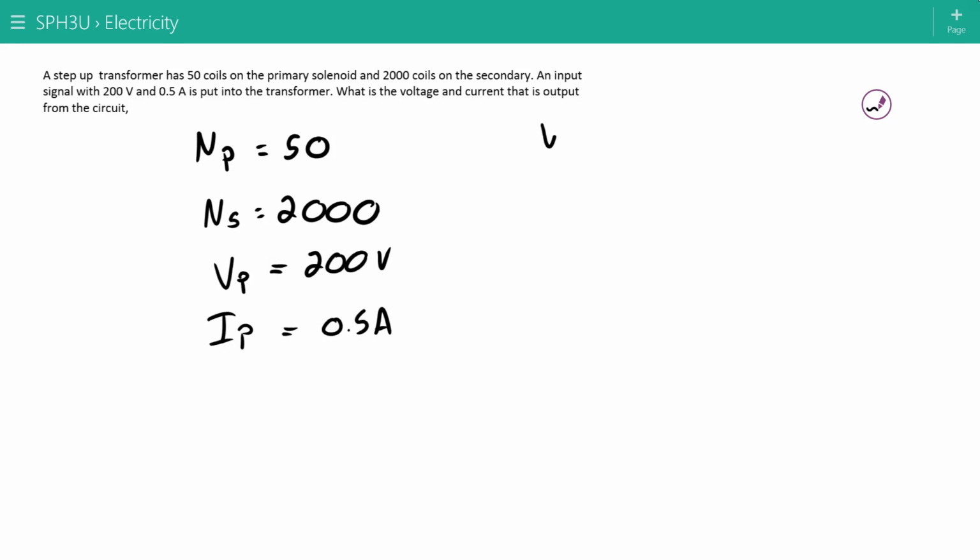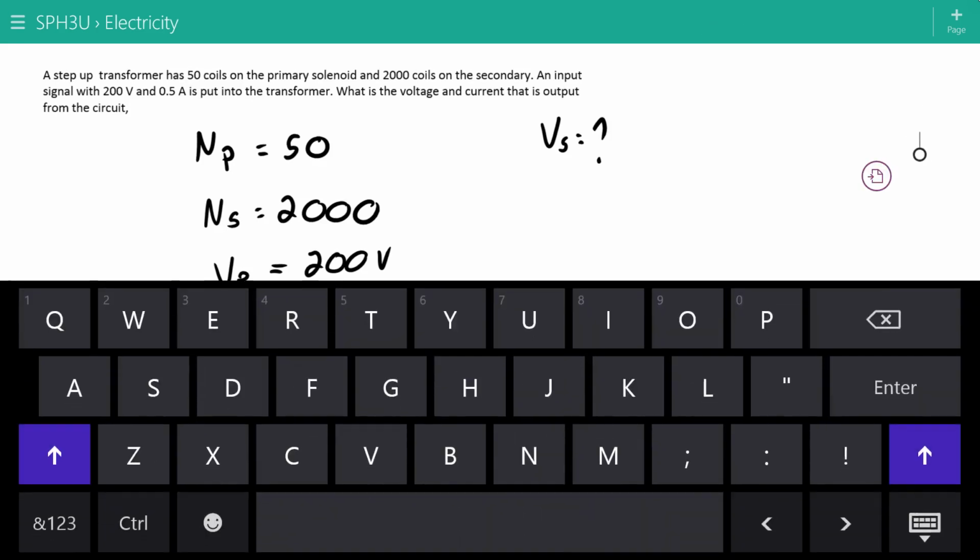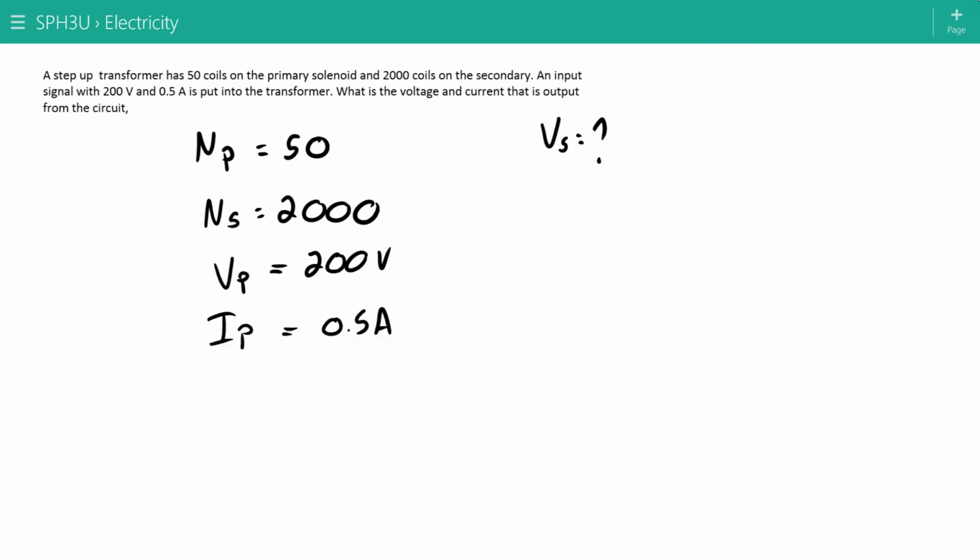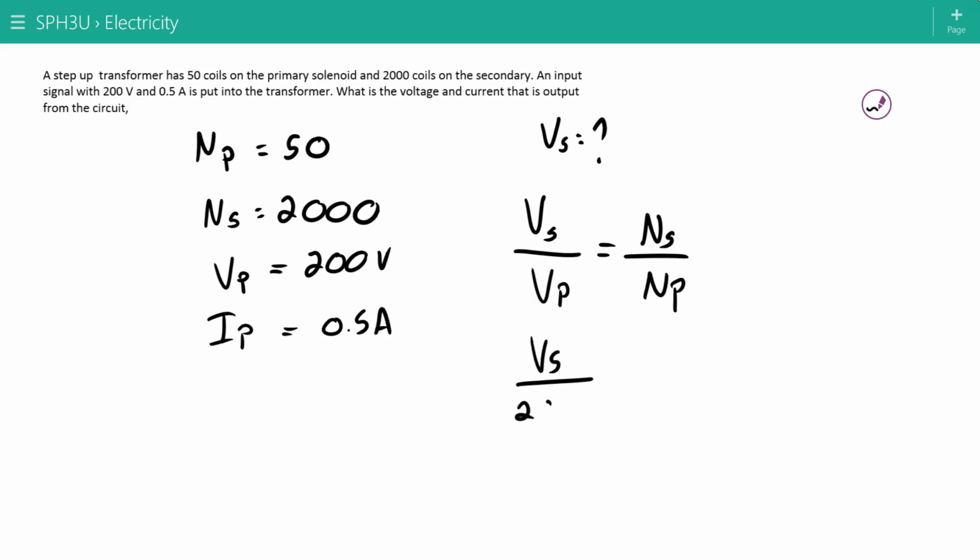So the easiest thing to do here is to come up with the secondary voltage first, just using the fact that the loops and the voltage are directly proportional to each other. I like when I do these ratio questions to put the thing that I'm looking for on my upper left. It saves me time in solving later. But it doesn't make any difference. If I start with my secondary up on the upper left here, then that means that my number of secondary goes on the upper right, and my primaries are on the bottom. 200.